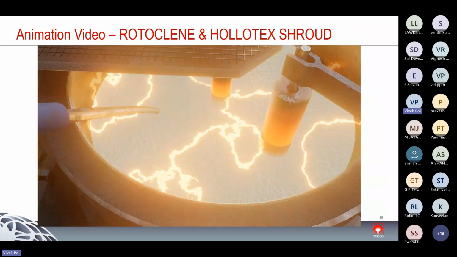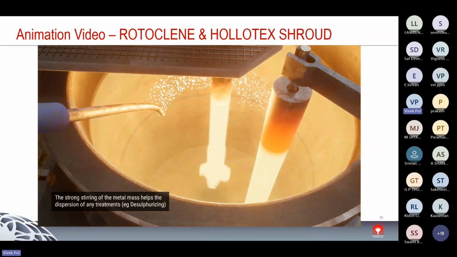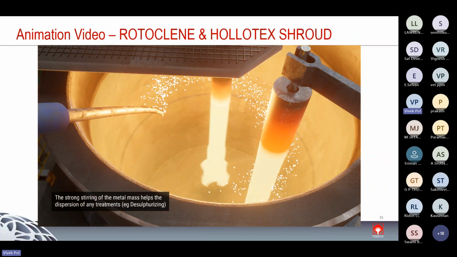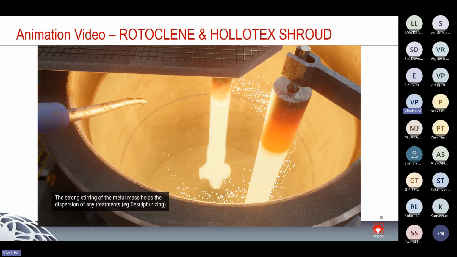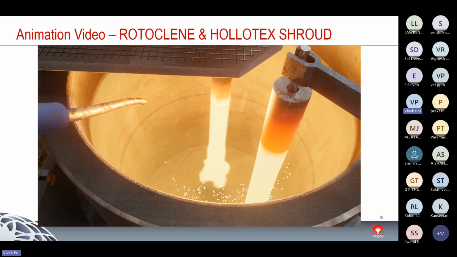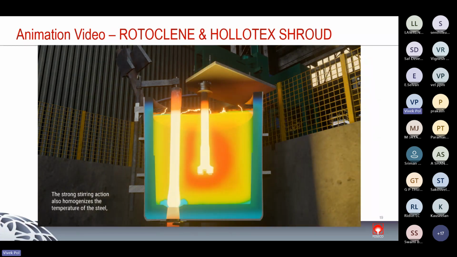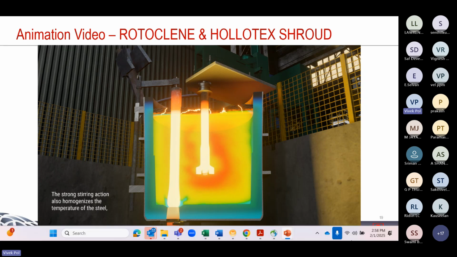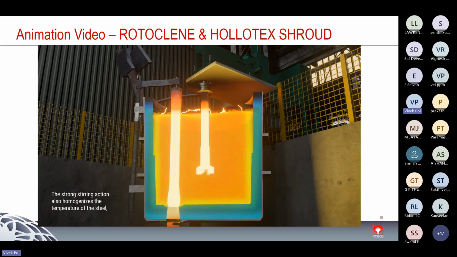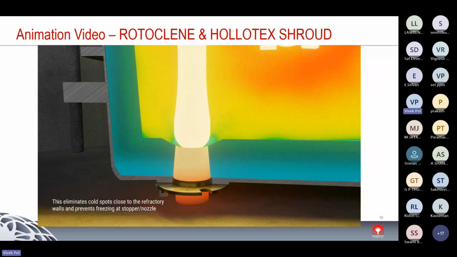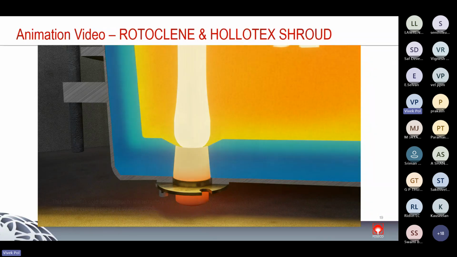It helps in inclusion modification, and the alumina inclusions which are very detrimental, it modifies those inclusions into harmless inclusions. Because of the stirring effect, you can see temperature homogenization. At every point in the ladle, you will get the same temperature, and there are no incidents like the stopper getting stuck in the ladle because of cold metal.